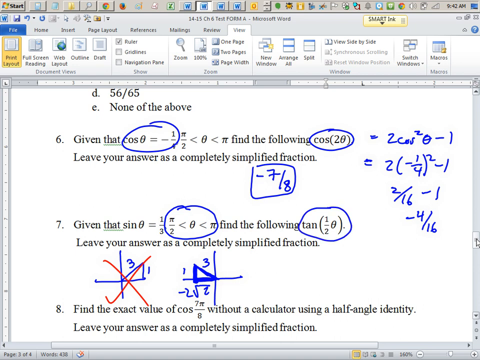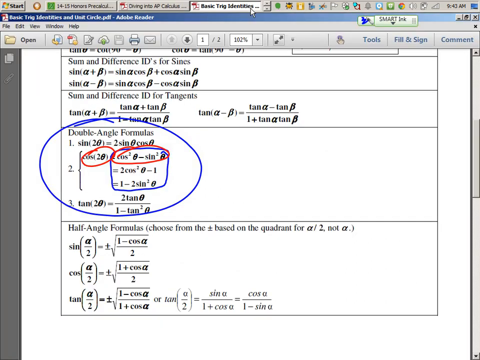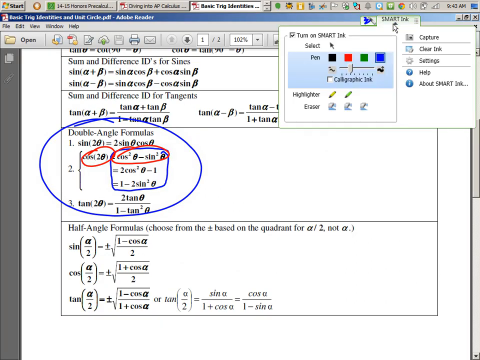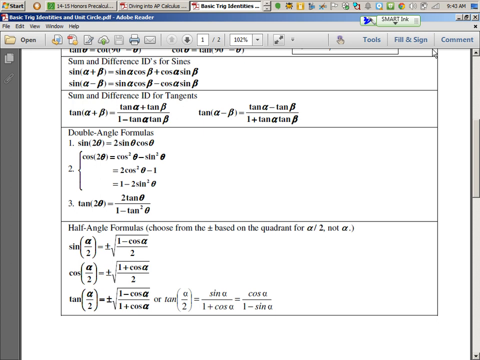Tan half angle, that's one of our ugliest formulas. Or one of our simplest formulas, depending on which one you look at. So many of you tried to use this gnarliness to solve the problem. That thing is awful. Look at the other alternatives I gave you. So much better. No square root, no complex fraction, no plus or minus.